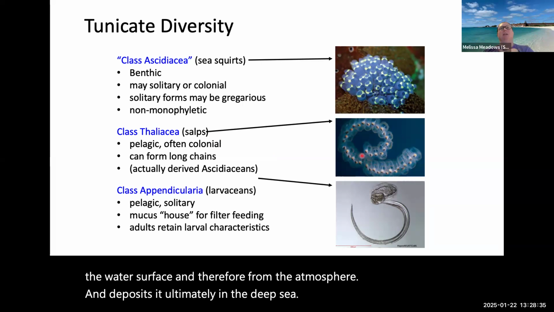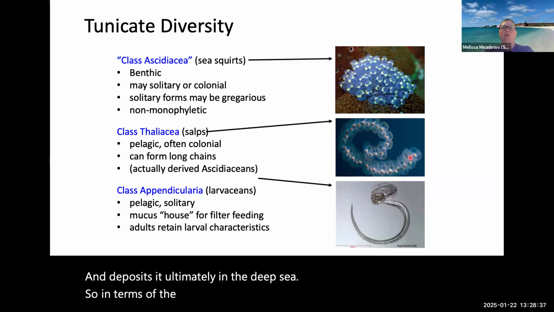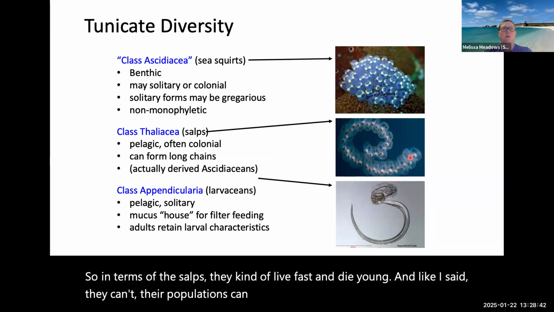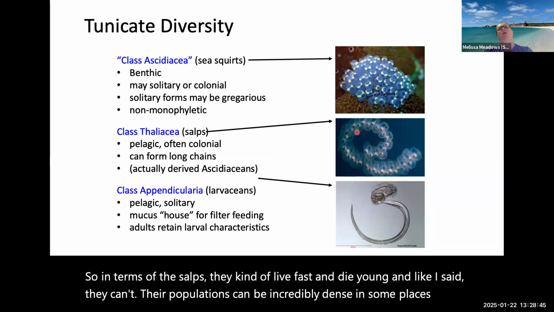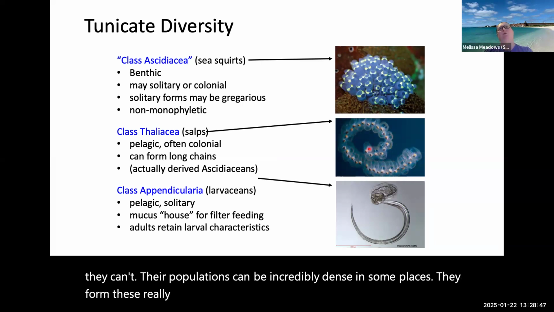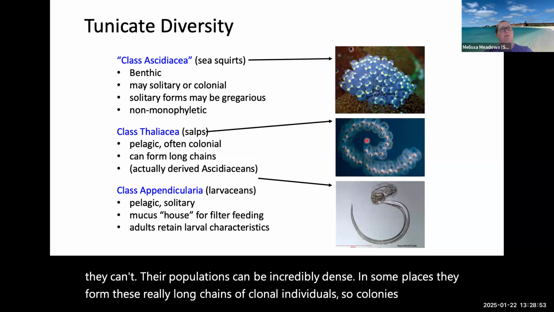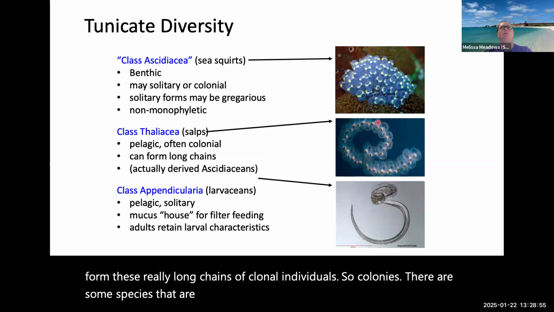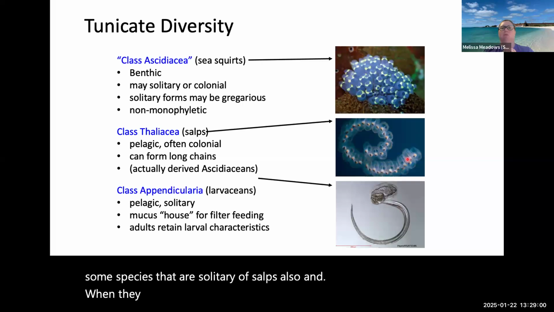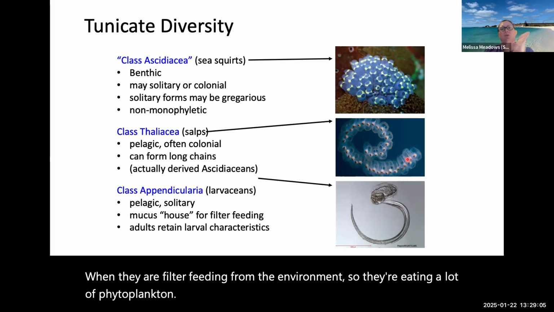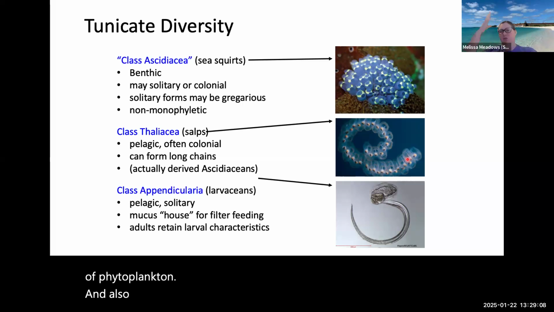So in terms of the salps, they kind of live fast and die young. And like I said, their populations can be incredibly dense in some places. They form these really long chains of clonal individuals, so colonies. There are some species of salps that are solitary also. When they are filter feeding from the environment, they're eating a lot of phytoplankton and also zooplankton, taking in a lot of carbon.